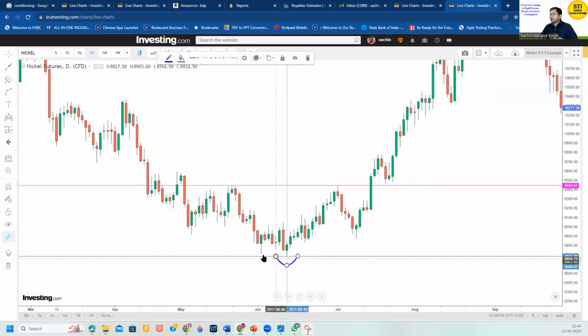So here it is. If you look at this candle, maybe I can say it's a higher low, but we are not considering this one as a shoulder, because as I was mentioning, in a head and shoulder pattern there will be a significant distance. It's like a human head and we have a shoulder a little away.